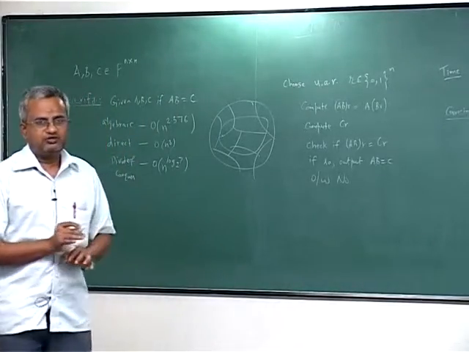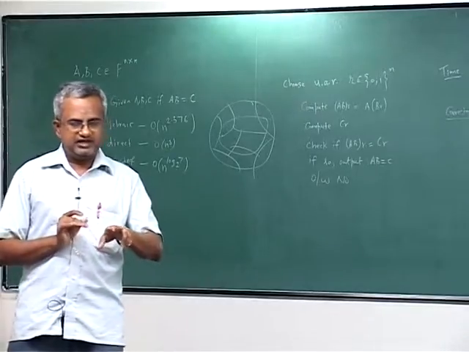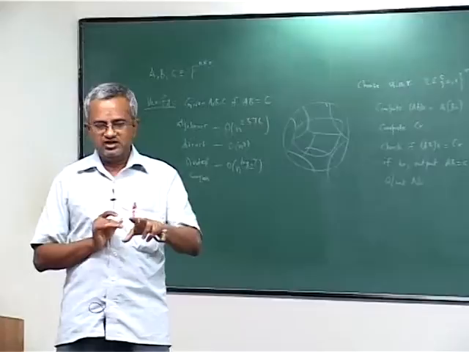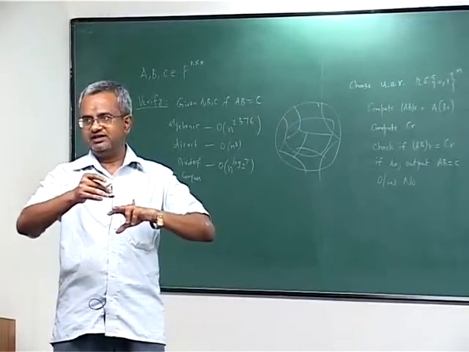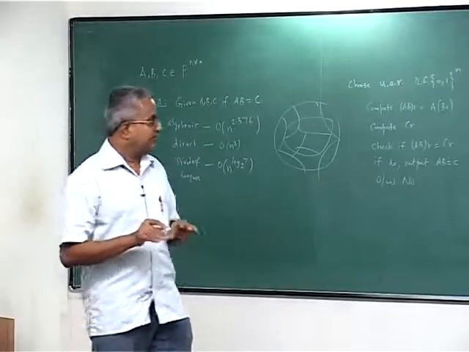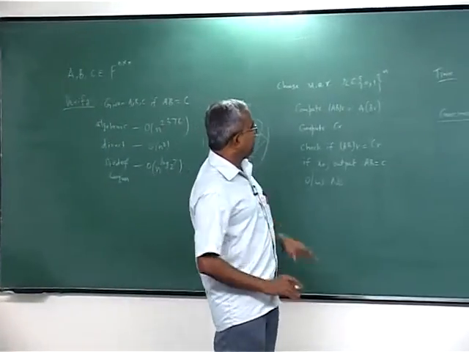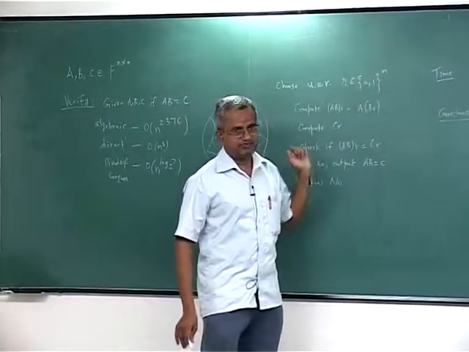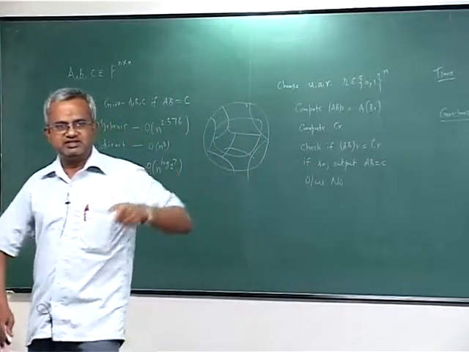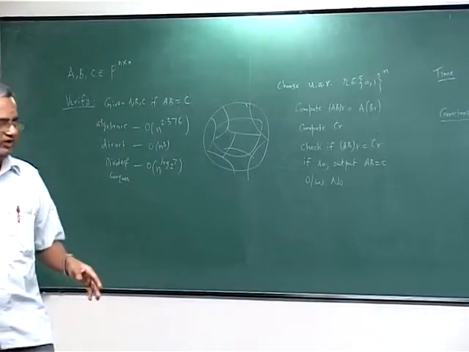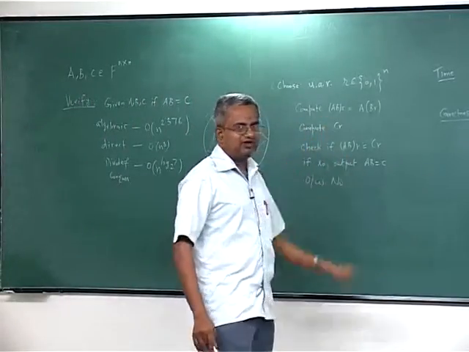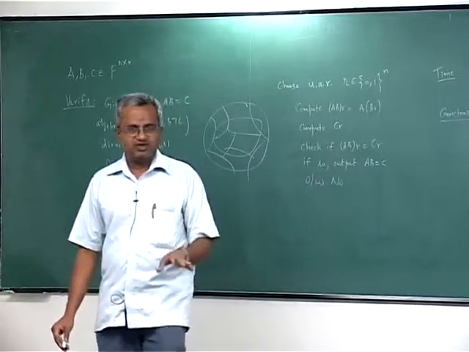Now, if you get an answer AB equals C, you are in doubt whether the answer is right or wrong. So, you repeat the experiment again with another sequence of n random bits, which are expected to be totally independent of all these random bits. Why do you expect them to be totally independent? In one iteration the probability of giving a wrong answer is at most of.